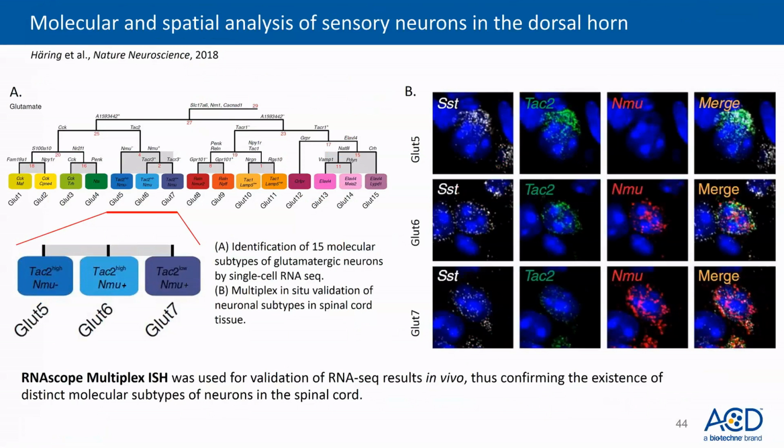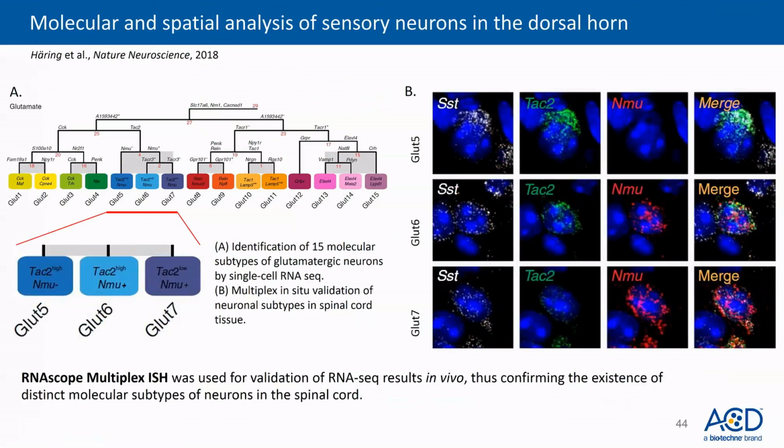Using RNA-seq, they were able to confirm that the GLUT5 subtype and the GLUT6 subtype had high expression of TAC2, whereas the GLUT7 subtype had a low expression of TAC2, which was confirmed using RNAscope as shown in panel B, the right image, column 2.